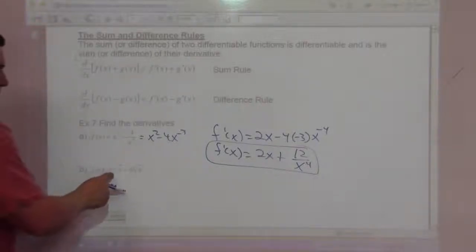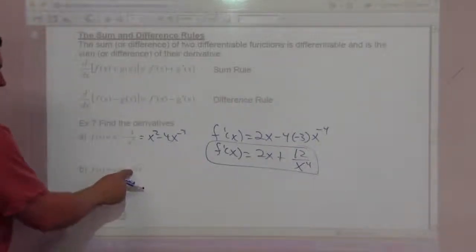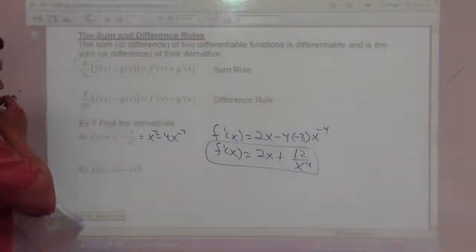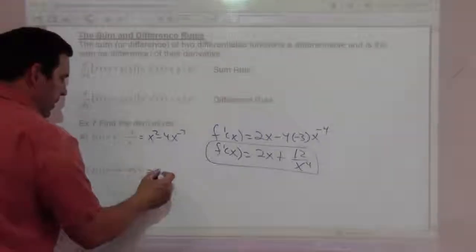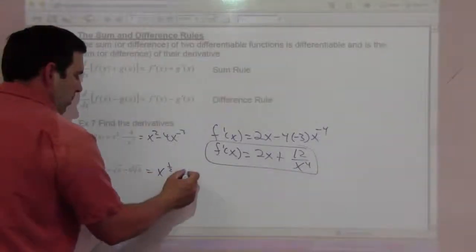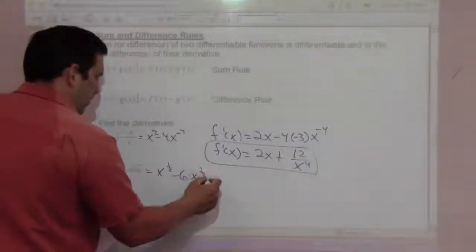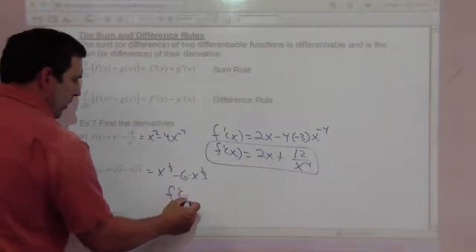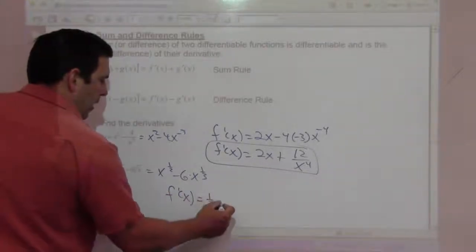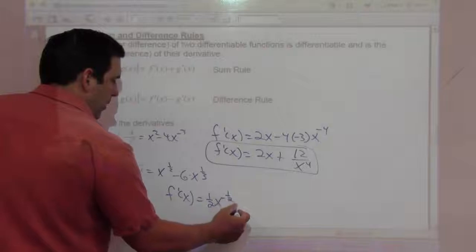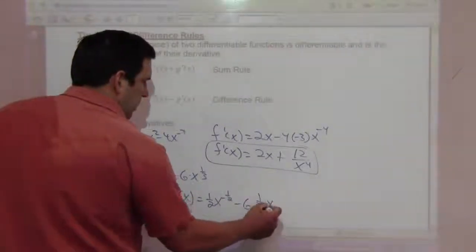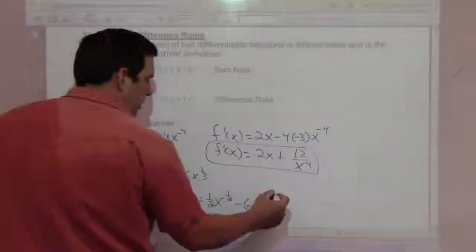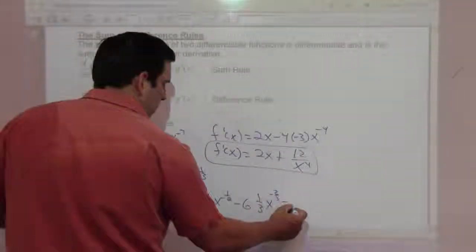For b, f of x equals the square root of x minus 6 times the cube root of x. Think of this as x to the 1/2 minus 6 times x to the 1/3. So f prime of x is going to be 1/2 x to the negative 1/2 minus 6 times 1/3 x to the 1/3 minus 1, which is negative 2/3.